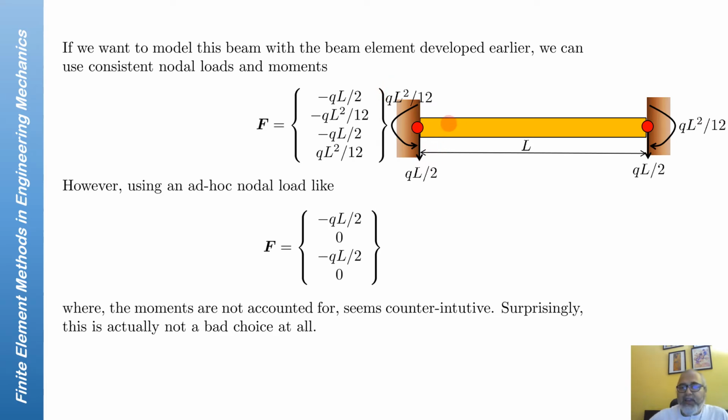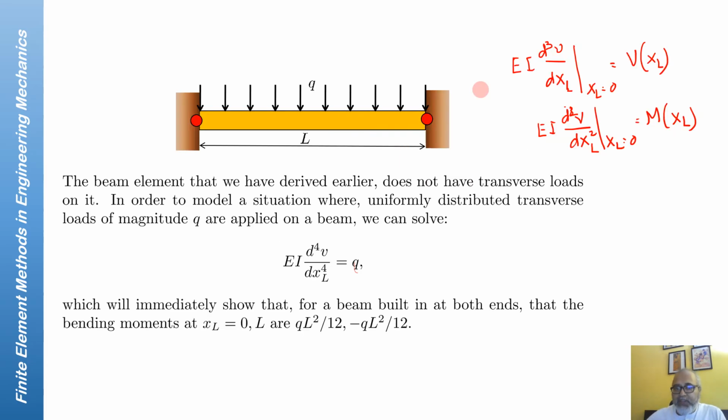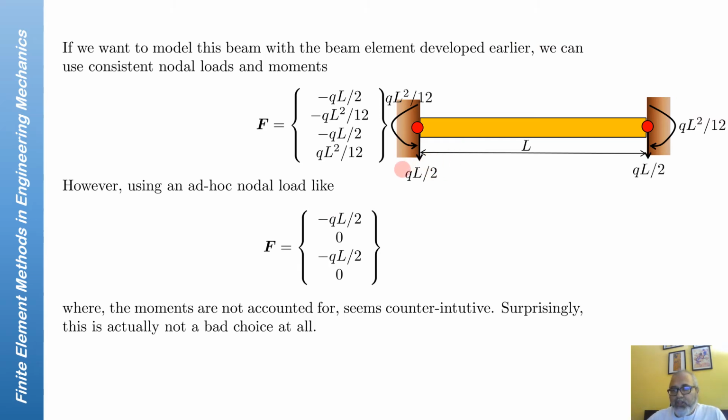So if I now say that I'm going to use my old beam element where I had derived the stiffness with this equal to 0, and still apply equivalent consistent load for this distributed system of load, then I will have to apply a shear force of QL by 2, QL by 2 at the two nodes, and plus and minus QL squared by 12 moments at the two nodes.